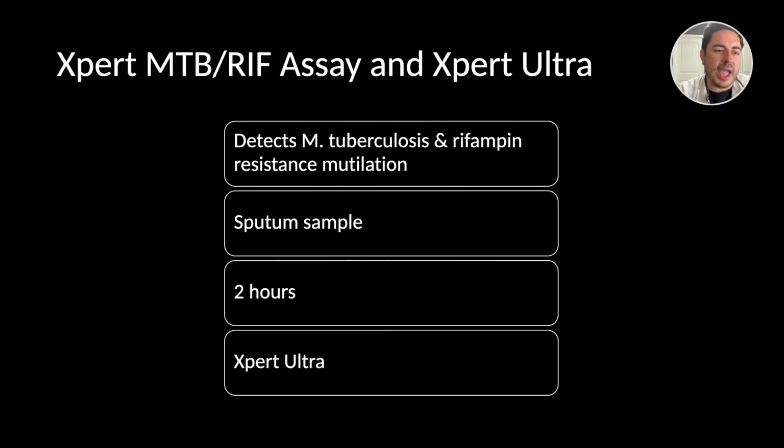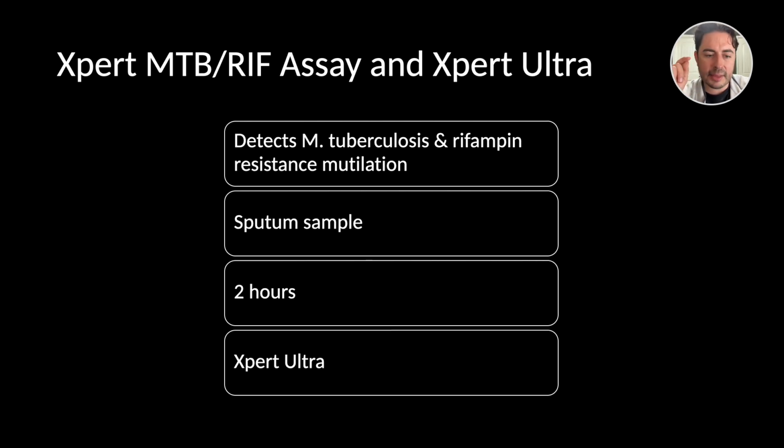And then we have the Xpert MTB/RIF Assay and the Xpert Ultra. These come from the sputum sample as well. These are more sensitive and specific to detecting the M. tuberculosis and rifampin resistant mutations. So if we have an antibiotic resistant mutation of this bacteria, we can identify it here using the Xpert MTB/RIF Assay.